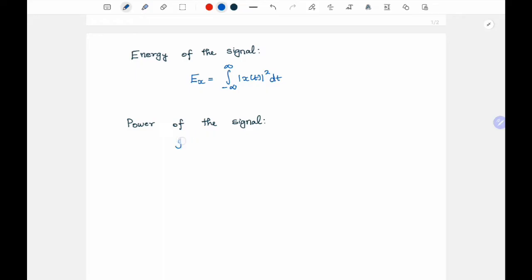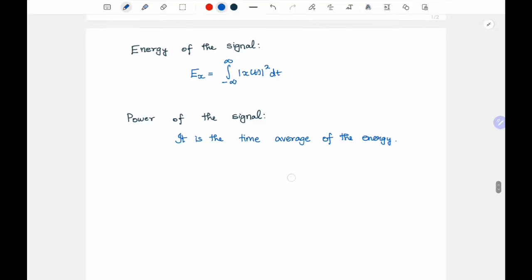It is the time average of the energy. We defined it in terms of limits, right? We consider some interval minus T by 2 to T by 2, take the energy of that, and then we average it and let the limit tend to infinity.